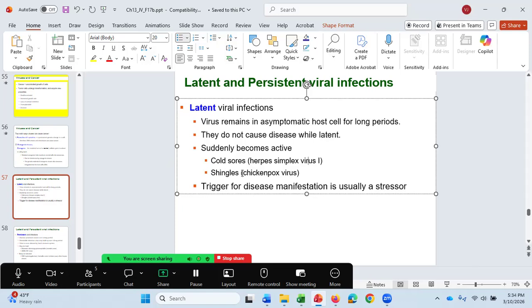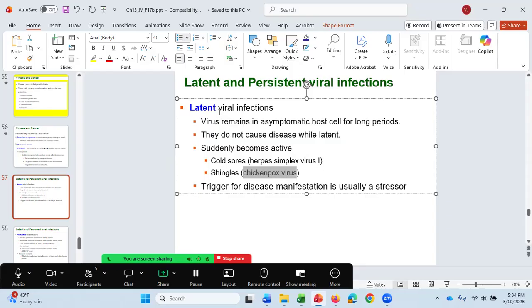Another example of latent virus is when a child comes down with chickenpox. The virus is in the budding life cycle, replicating, causing damage, causing disease, and then the virus becomes latent. And this virus can go latent for decades.